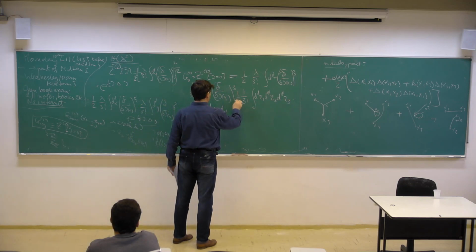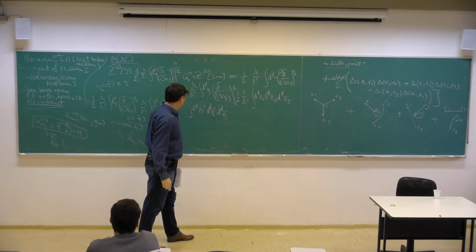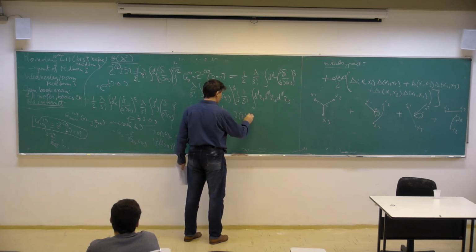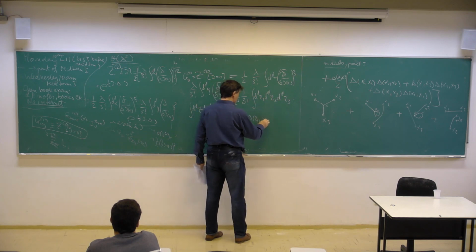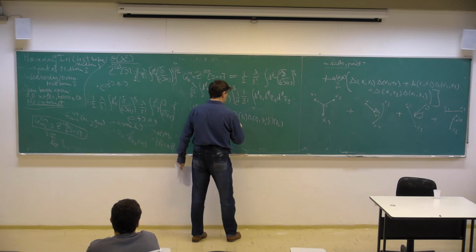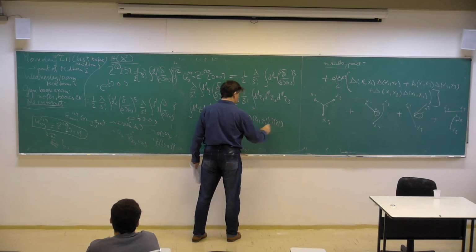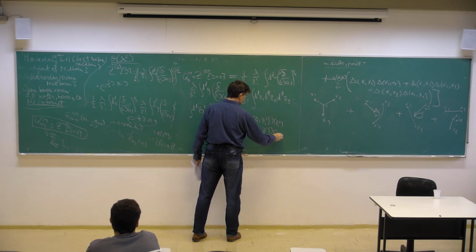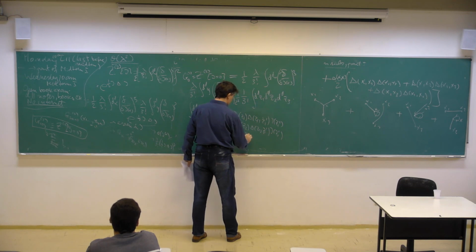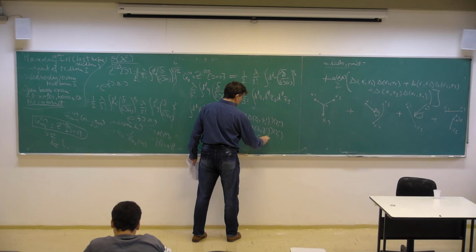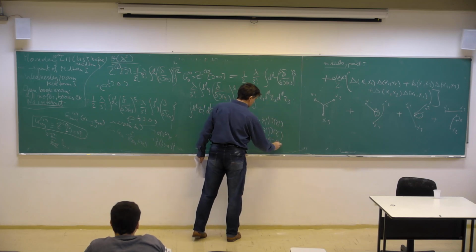I also have this overall 3. And then j of z1 delta z1 z1 prime, j of z1 prime, and j of z2 delta z2 z2 prime, j of z2 prime, j of z3 delta z3 z3 prime, j of z3 prime.